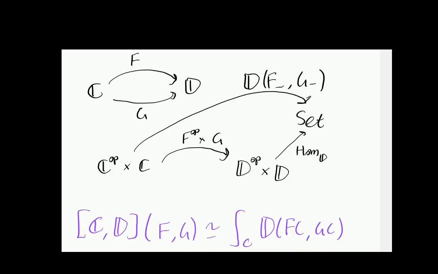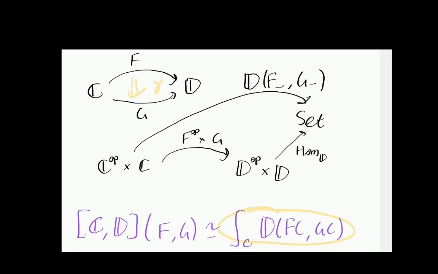And this is really the first one, and one of the most useful ones that we're going to see. What it basically says is that the set of natural transformations from a functor f to a functor g can be written as an end.